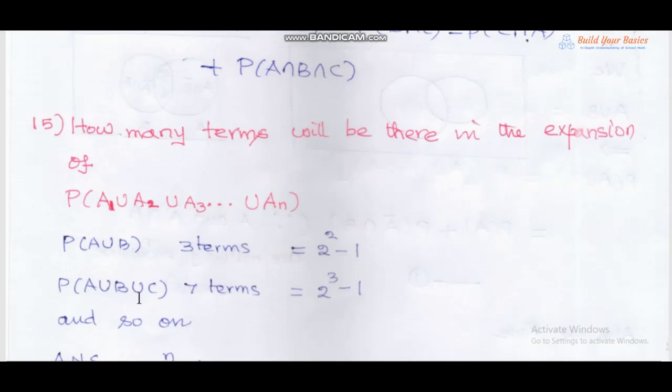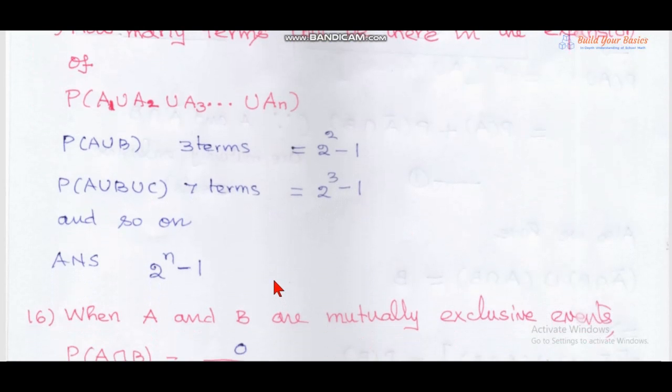In the expression for probability of A union B union C by addition theorem on probability for 3 events, there are 7 terms, that is 2 cubed minus 1 terms. By analogy, in probability of A1 union A2 union A3 union AN, there will be 2 to the power of n minus 1 terms.